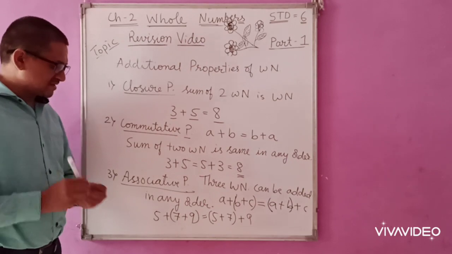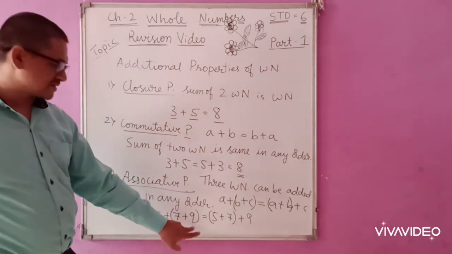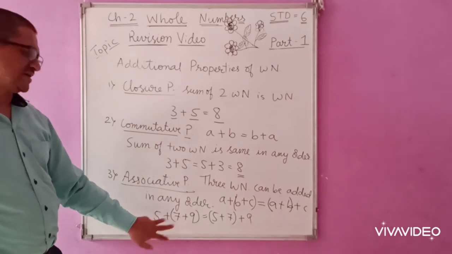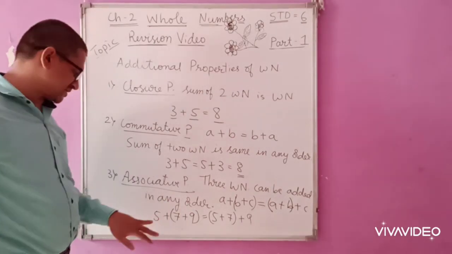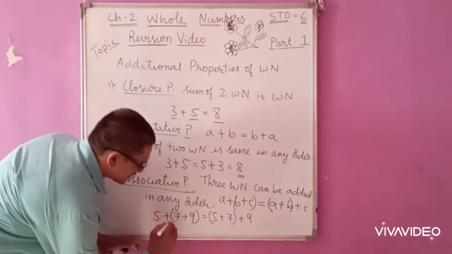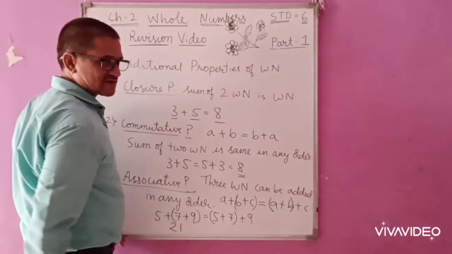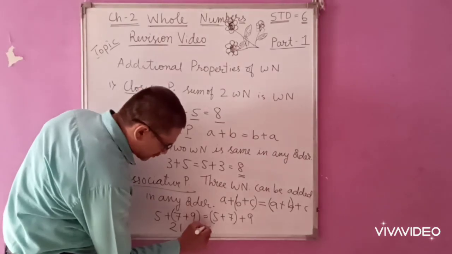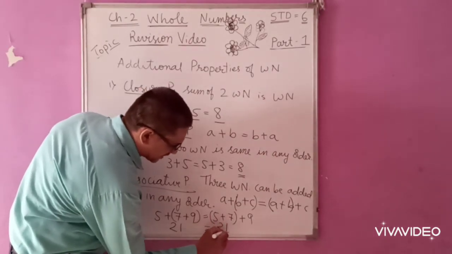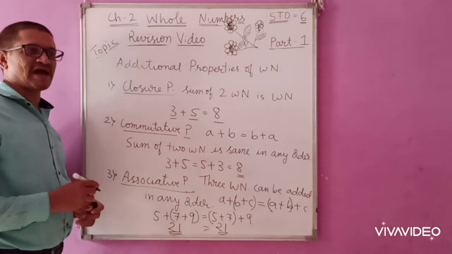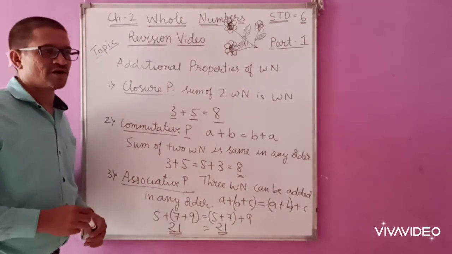This bracket means first you have to add this. 7 plus 9 is 16. 16 plus 5 is 21. 5 plus 7 is 12. 12 plus 9, both the answers are 21. So three numbers can be added in any order.